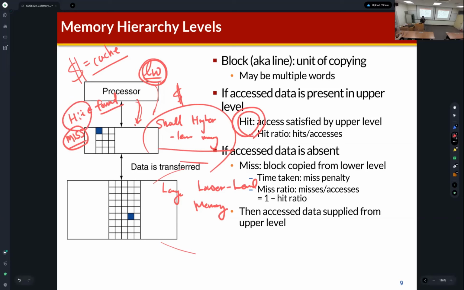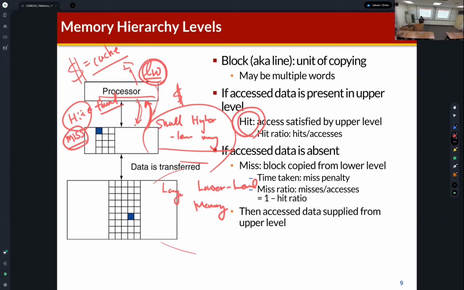In the hit case, the cache provides the requested data to the processor, and it will be very fast. The processor can receive the requested data very quickly, and this data is stored in the register file. Then the processor can execute the next instruction, right?